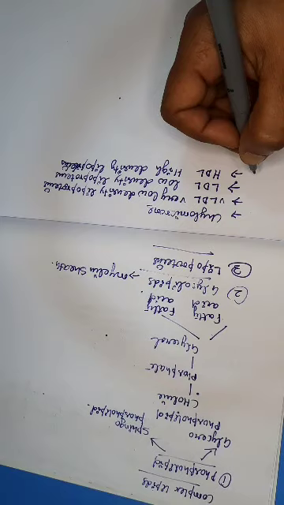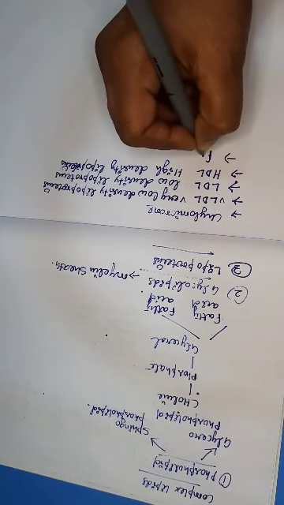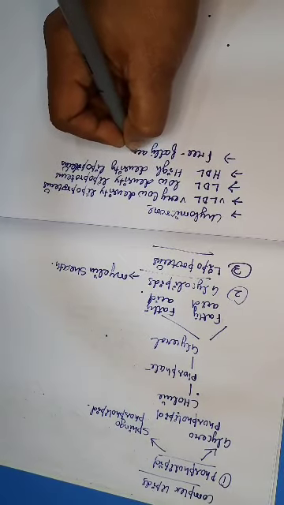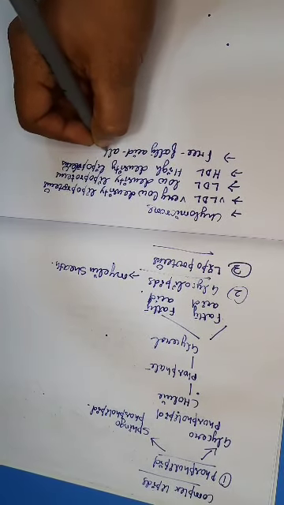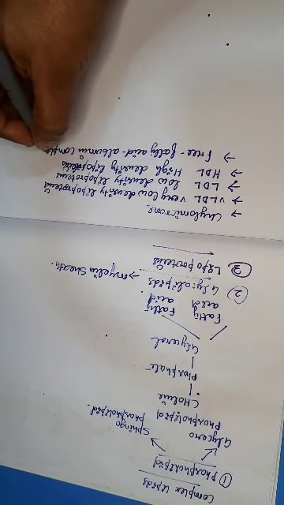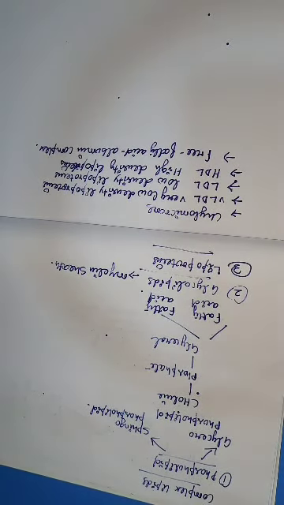And the fifth one is free fatty acid albumin complex. So they are the 5 categories of lipoproteins that are present in your body.